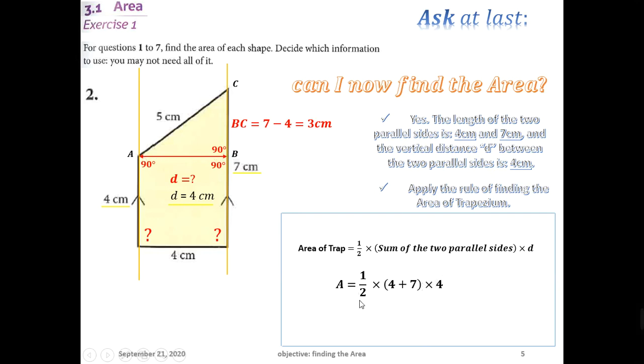Now this is ready to be inserted in the calculator, and if you do so, you will end up with area is equal to 22 centimeters squared. Remember, the measurement unit of finding the area of any two-dimensional object or any two-dimensional shape is centimeter squared, meter squared, millimeter squared, and so on.